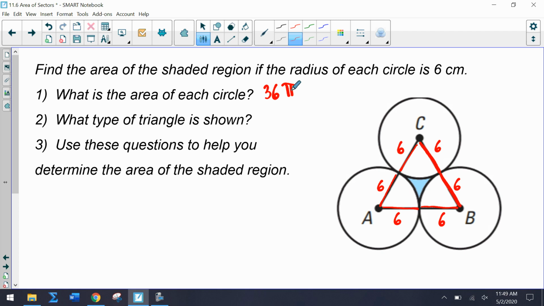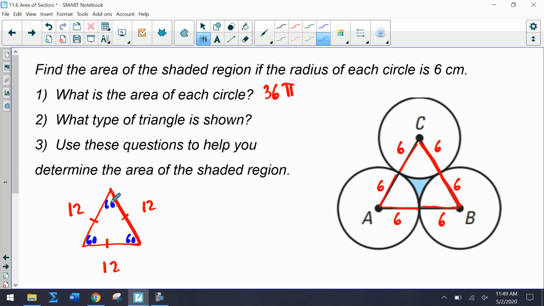And when I labeled 6, 6, 6, and 6 for all parts, this triangle ABC has a side length of 12 on each side. So it's an equilateral triangle, and that also means it's equiangular. So each measure of these angles is 60.